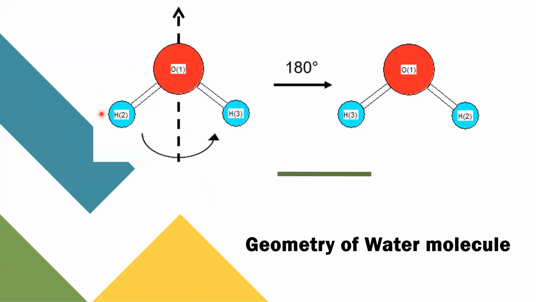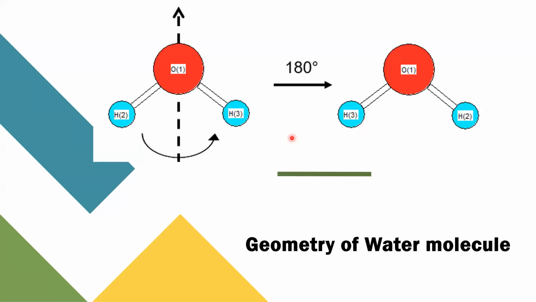But when you look at this picture, it lies on the plane of the paper. Now in this case, we have the plane of the screen, right? So this lies in the plane of the screen. The three atoms lie in there. And you can rotate this. When you rotate it 180 degrees, what happens?